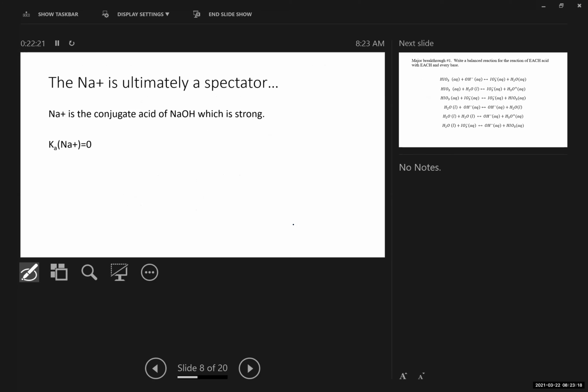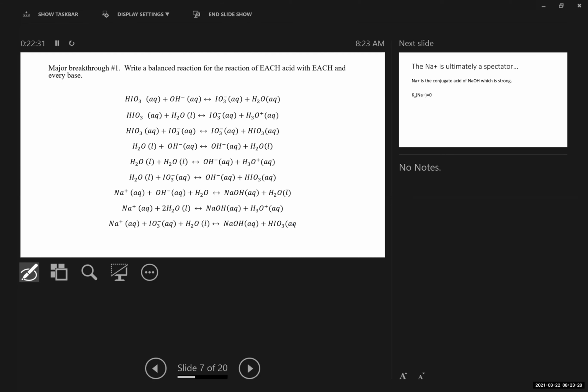And so, I mean, at least approaching 0, if not exactly 0. And so, technically speaking, all of these reactions, because of the sodium, are all essentially going to have a K that's approximately 0.